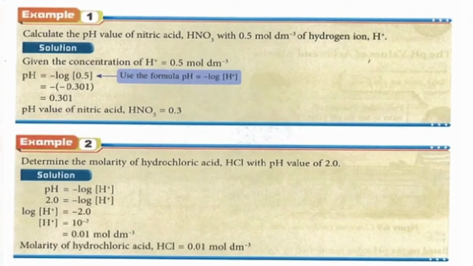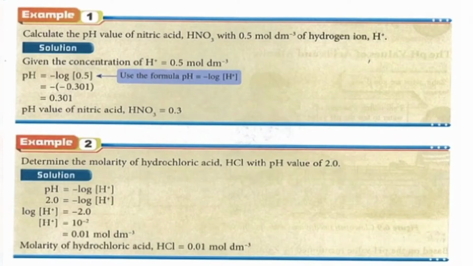So we just put the 0.5 here. Okay, so just press log 0.5 is negative 0.301. Here negative becomes positive, so the answer is 0.301. So the pH value of nitric acid with the concentrations of 0.5 molar is 0.3.